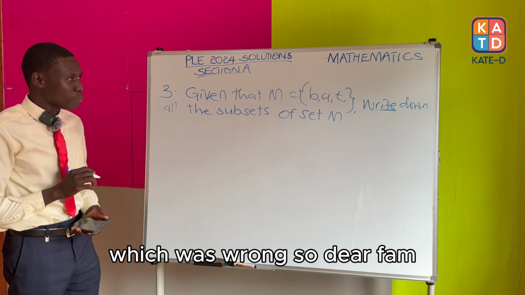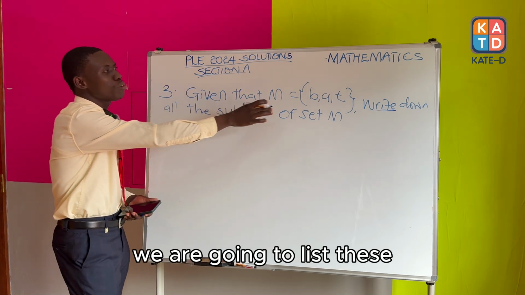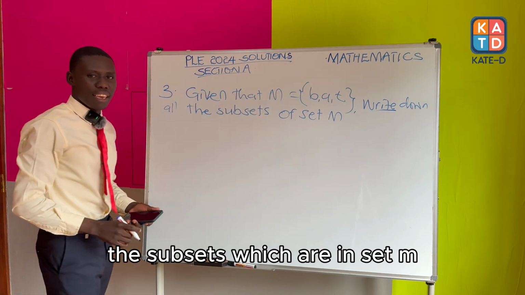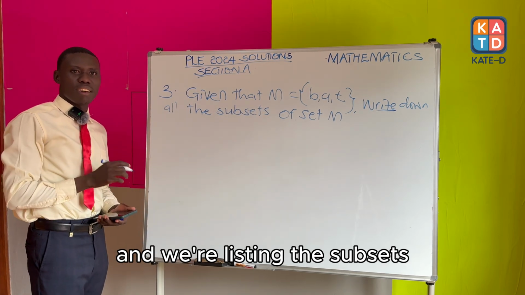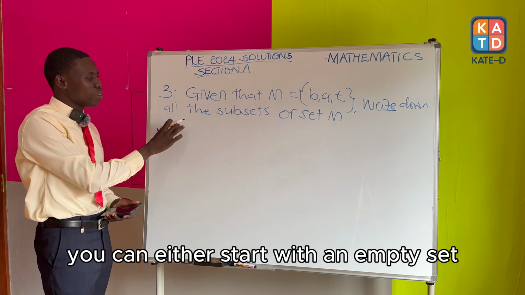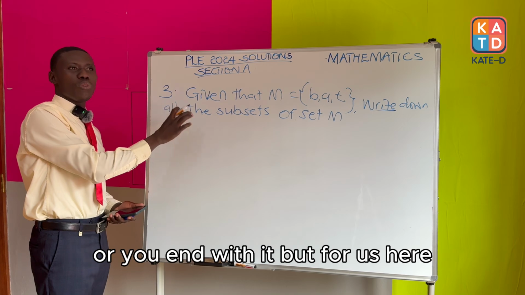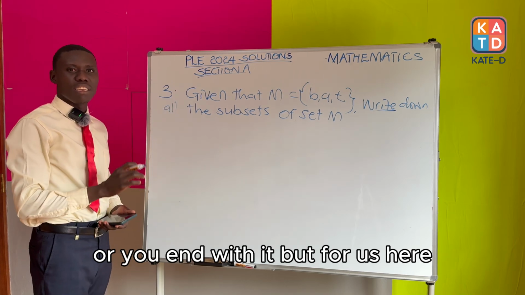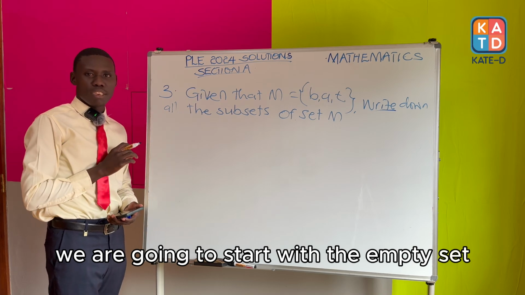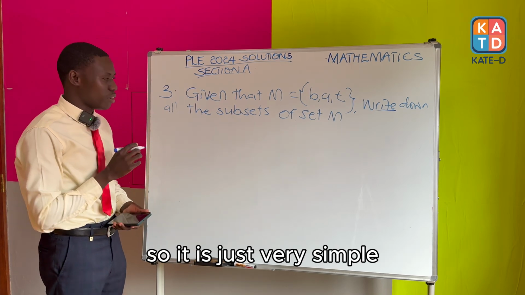So what are you supposed to do? We are going to list the subsets of set M. We have two ways of starting: you can either start with the empty set, or end with it. Here we are going to start with the empty set. It is very simple.